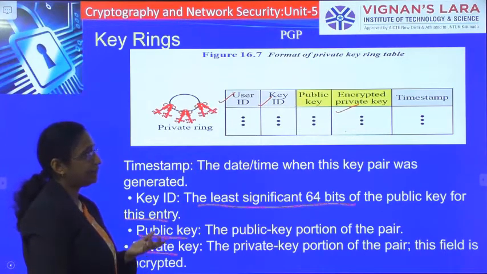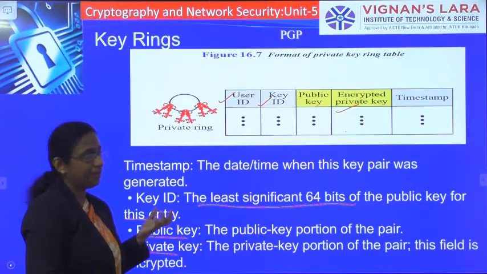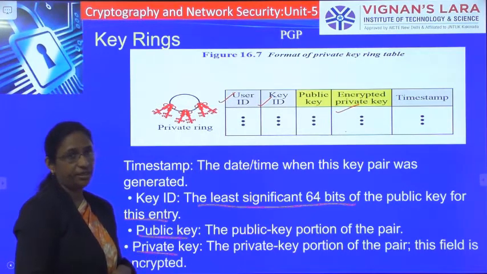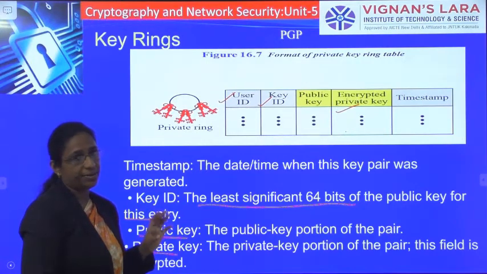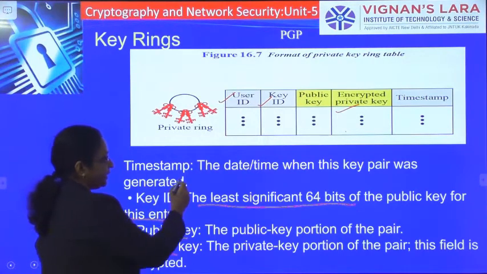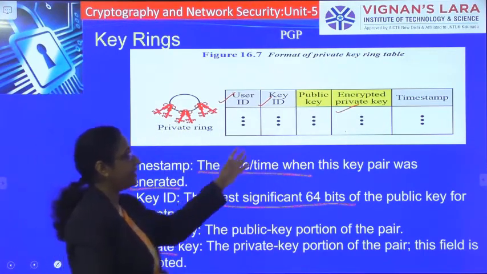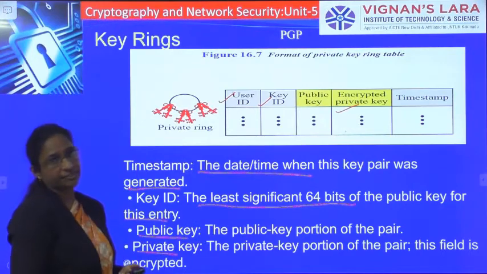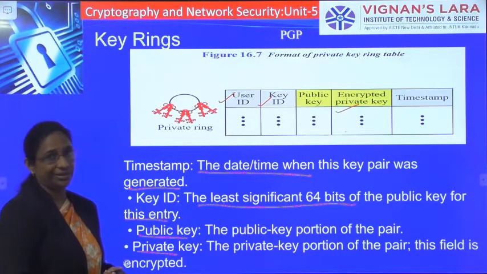If any person requires that private key, it will be decrypted and then sent to that person. To view the original private key, decryption is required. Last is the timestamp, the date and time when this public key and private key pair was generated. So this is the format of the private key ring table.